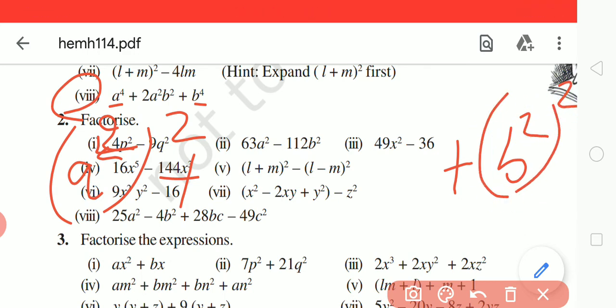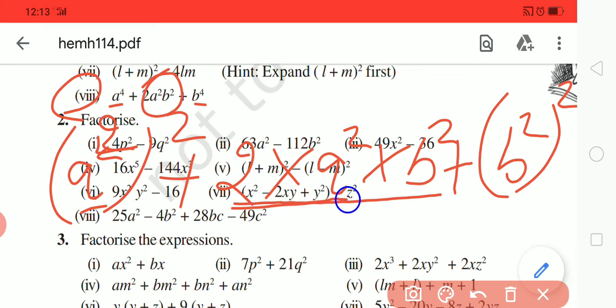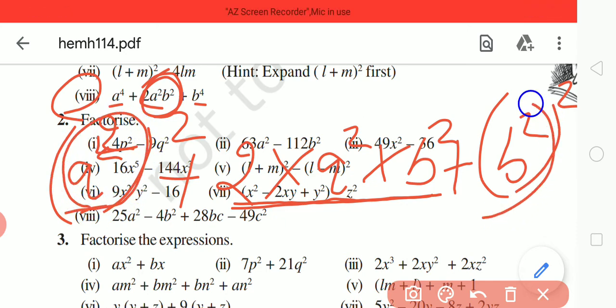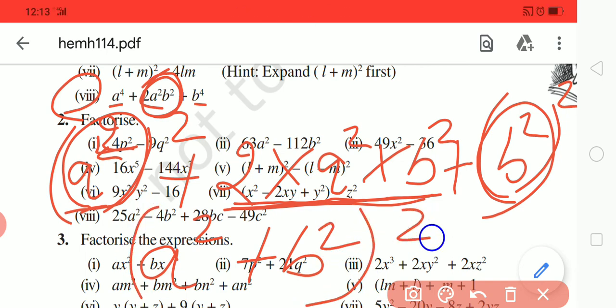And in the middle term, because 2 multiplied by the base of the first term and the base of the last term, that is a square into b square, if the multiplication of these three is the same as the middle term, we can opt for the identity here. So it becomes 2a square b square. Yes, it is the same. So you can compare it to a square plus b square plus 2ab. So instead of a we will use a square, instead of b we will use b square. So now it becomes a square plus b square whole square, right?